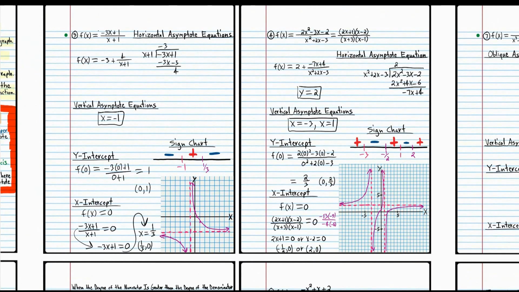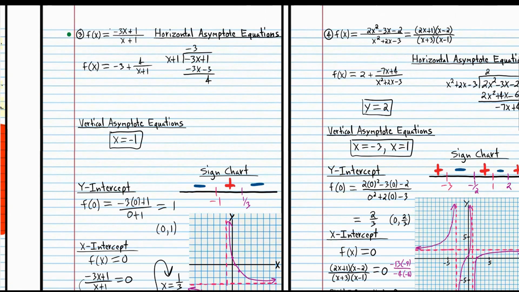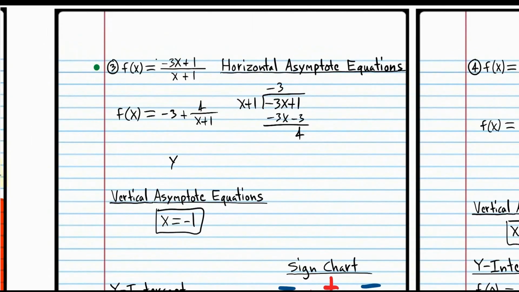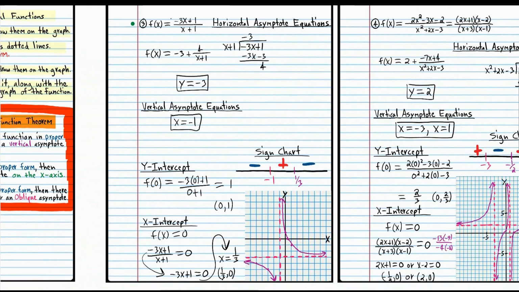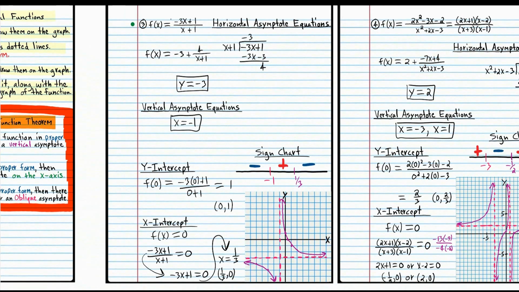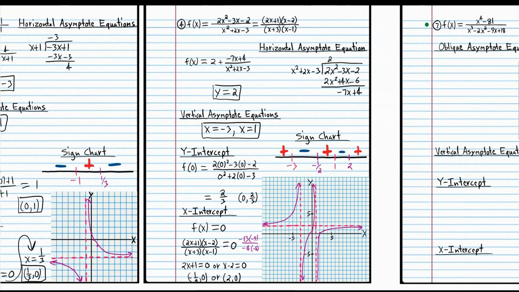And again, you can rectangle if you want. We forgot to write the equation of the horizontal asymptote there. We found the y-intercepts, the x-intercept, and so on and so forth.